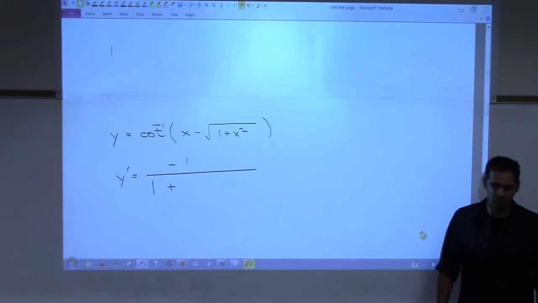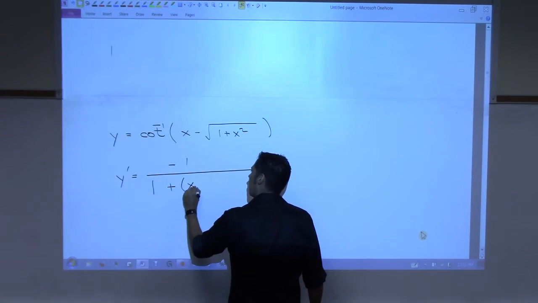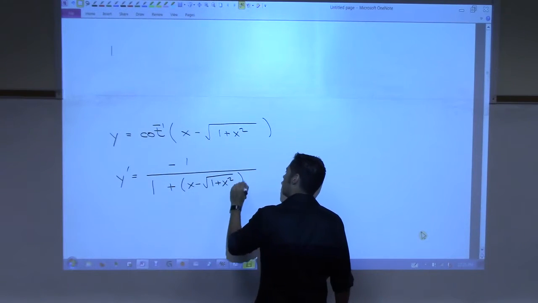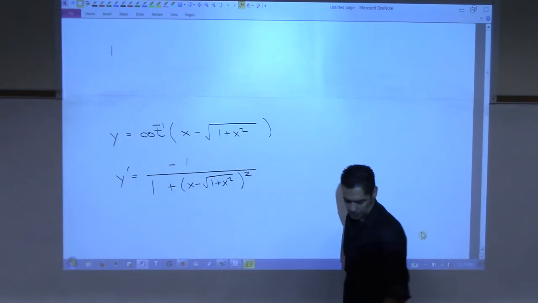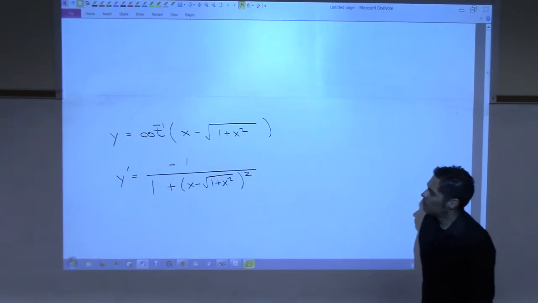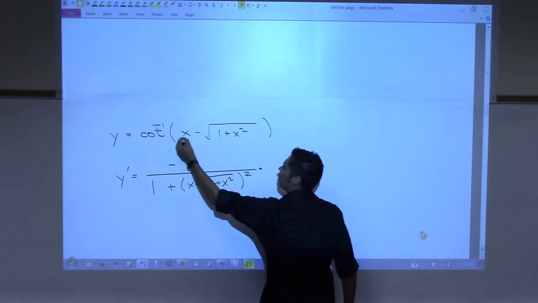The argument squared. That means everything you see there: x minus root 1 plus x squared, that argument squared. Times now the derivative of the argument itself.